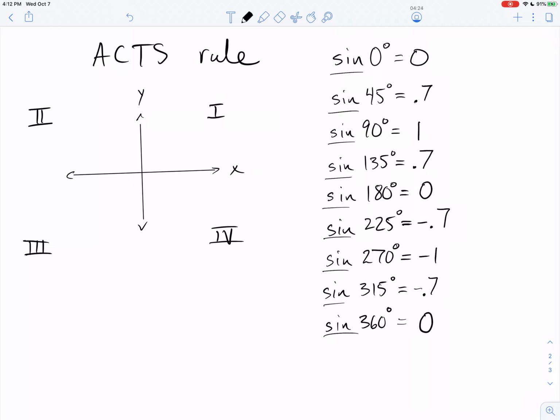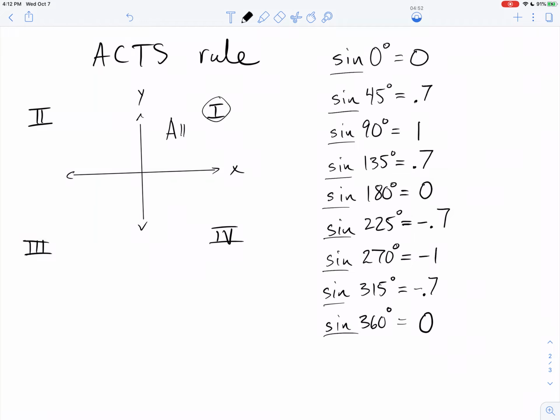So in quadrant 1, all trig functions are positive. That's what the A in the ASTC rule is talking about. All trig functions are positive. Now, our coordinate system, this one over here is quadrant 1.